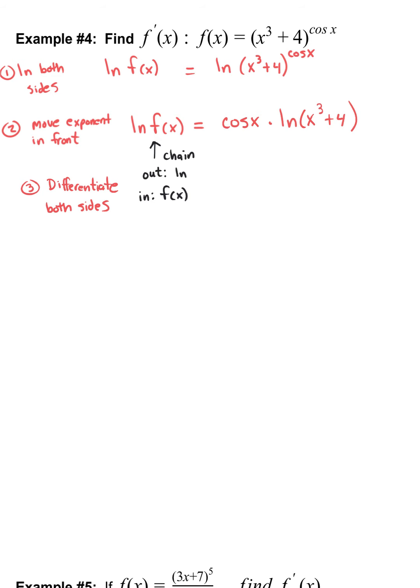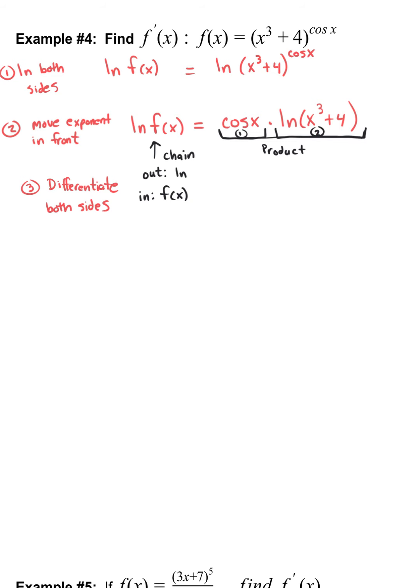On the right-hand side, again, this is going to be a product rule. Your first function is cosine, and your second function is ln of x to the third plus 4. So when we take the derivative of the first function, that's just going to be a flashcard trig derivative. This is going to be a chain rule. Okay, so let's go to work.